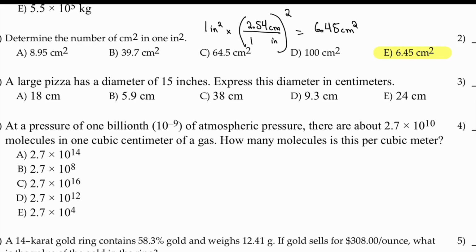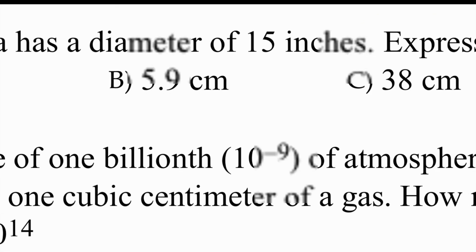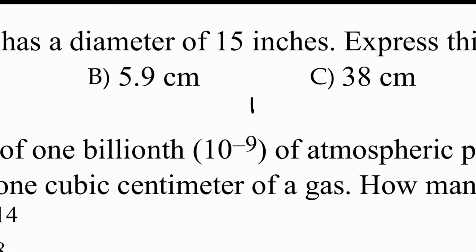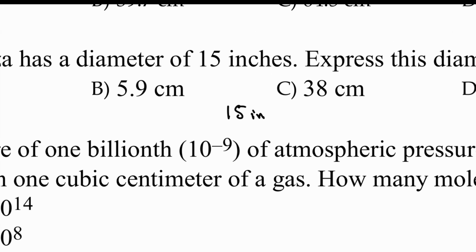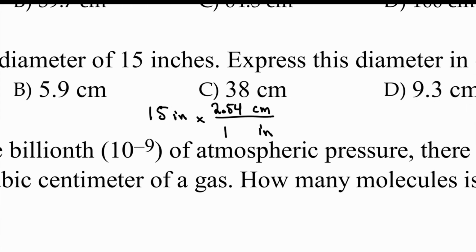Now, a large pizza has a diameter of 15 inches. Express this diameter in centimeters. Another nice question. So now we don't have to think about the squares. So we just learned about a conversion factor with inches on the bottom, centimeters on the top. 1 inch is going to be equal to 2.54 centimeters.